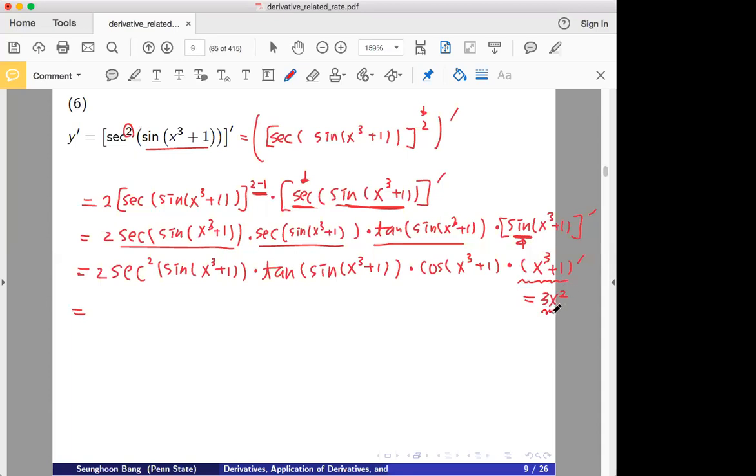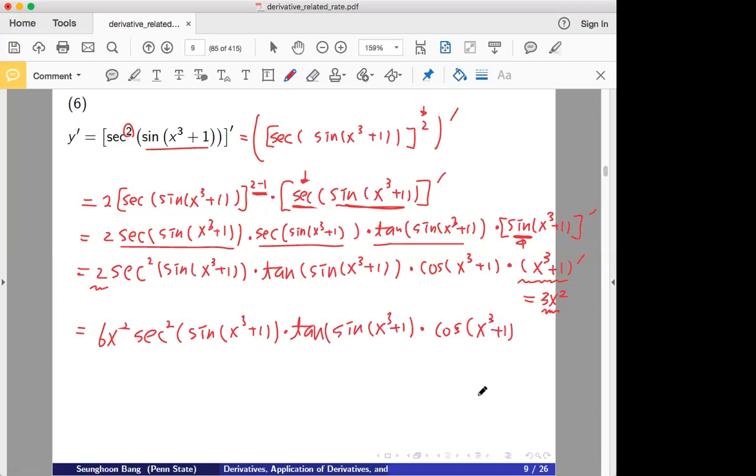We can combine 3x squared times 2, exactly 6x squared, secant squared of sine of (x cubed plus 1), times tangent of sine (x cubed plus 1), times the last one, cosine of (x cubed plus 1). So that's it. This is the idea for solving number 6.